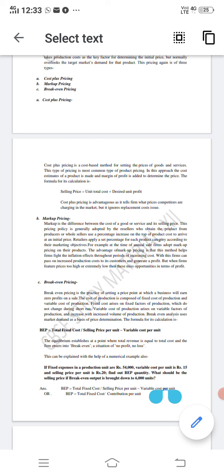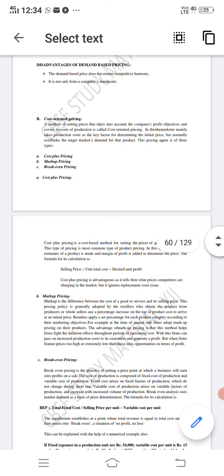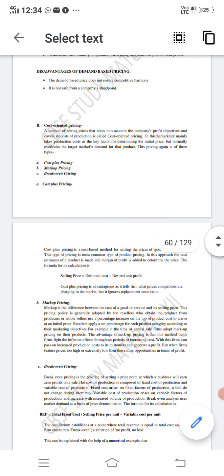It means sale is equal to cost and the firm enters into break even, a situation of no profit, no loss. It is written here. Sale is equal to cost, no profit, no loss. This is the break even point. Just remember the definition of break even point.